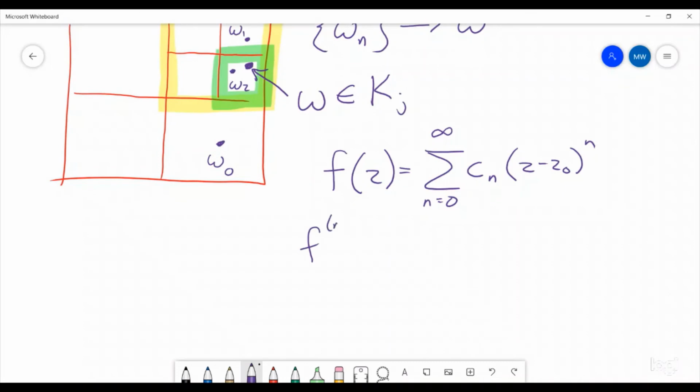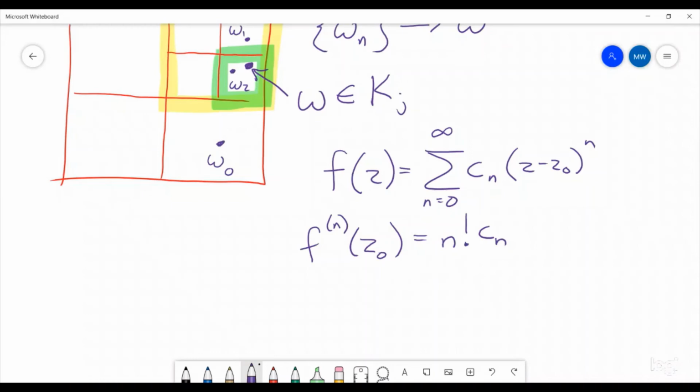So our nth derivative at the point z naught is equal to n factorial times cn. Because when we take n derivatives, the only term that survives is the constant term, n factorial times cn, and all the future ones have a (z minus z naught) to some power, and if we're evaluating at z naught, that means it's going to be 0 for all of those values.